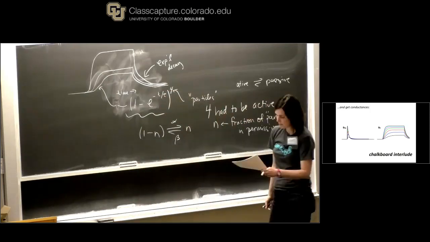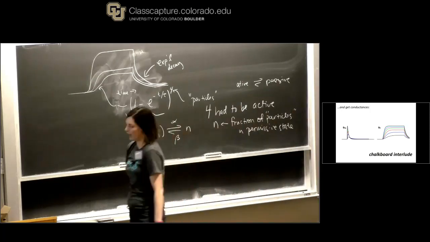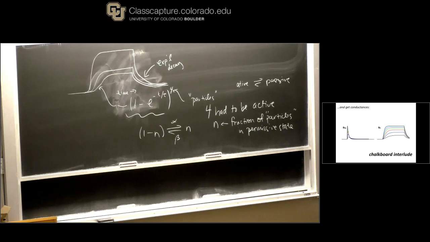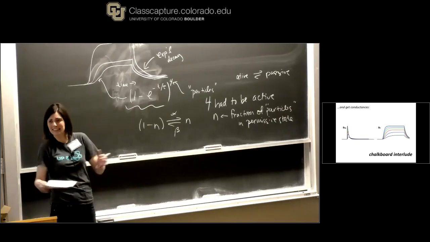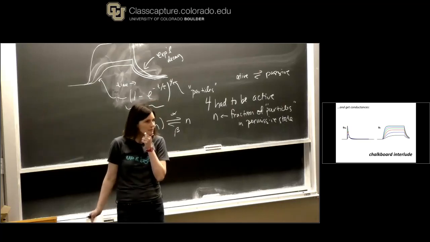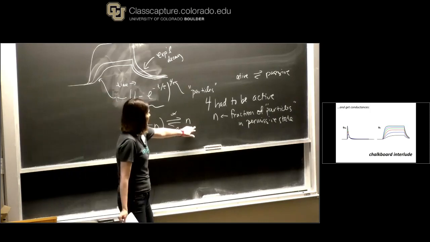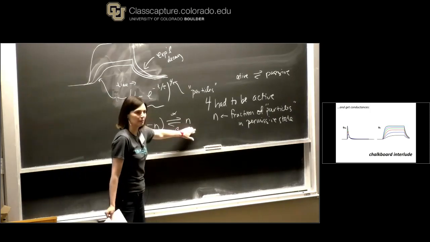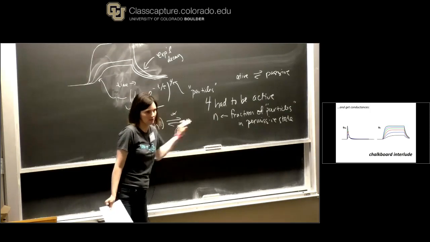And those alphas and betas are exactly what's in the dynamics that they wrote down for the potassium term in the voltage. So they had no idea what the channels looked like. They didn't even know there were channels. I mean, these are just guesses. They just put this power of the 4 in, yeah. Sorry, should this be like n minus 1 going to? No. This is the fraction that are permissive, so this is becoming permissive, and 1 minus n is the fraction that are not. So they're becoming permissive or not.